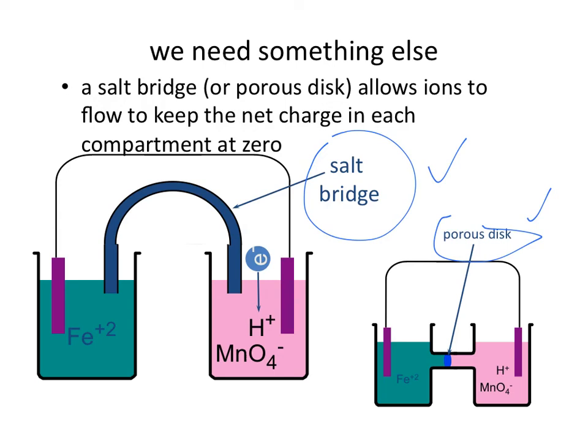We need to make sure that we have them because they're going to make sure that the net charges in each of the solutions remain at 0, so that we don't have a charge buildup and subsequent end to the flow of electrons. So we need to know what each of them are, how they're different, and why they're important.